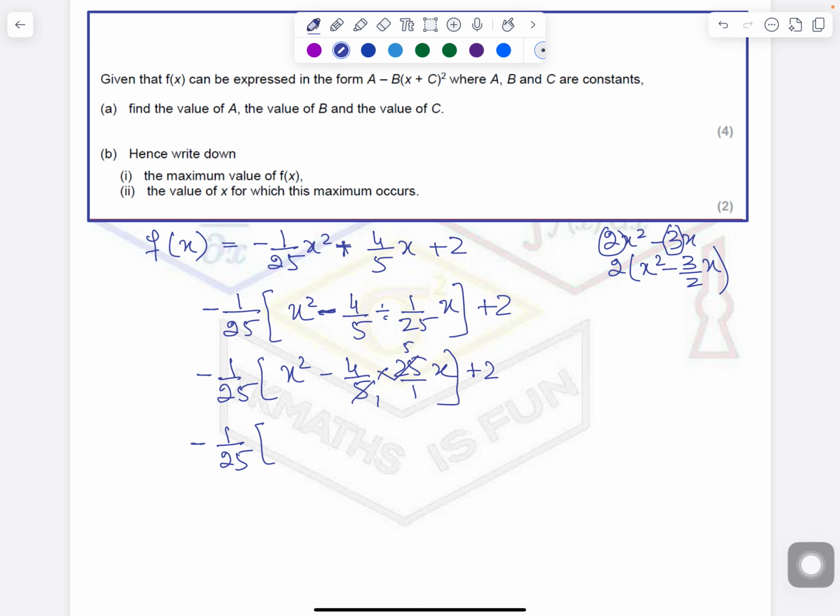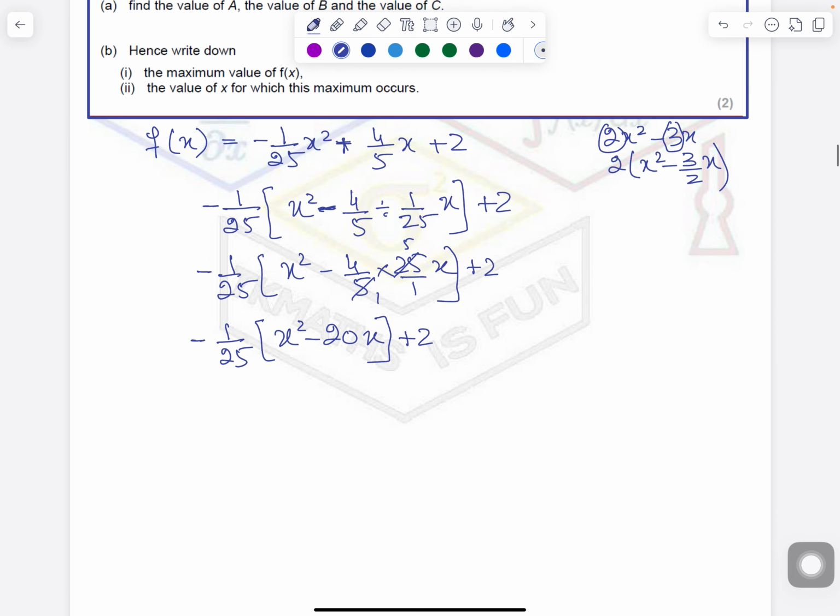So finally I got here x squared minus 20x. Now it is easy for us. We have already solved this type of question. So I am changing it into completing square form: (x minus 20 over 2) whole squared minus (20 over 2) whole squared plus 2.